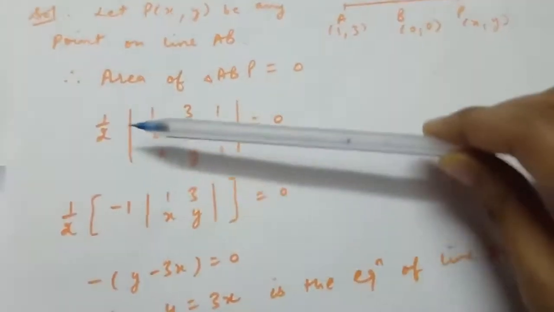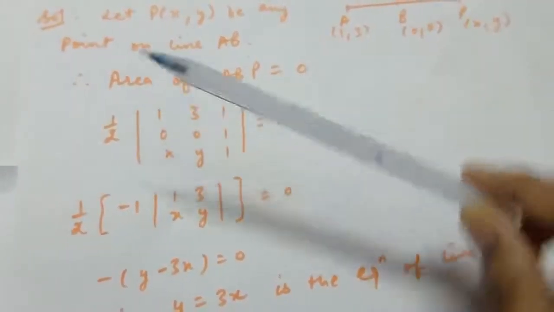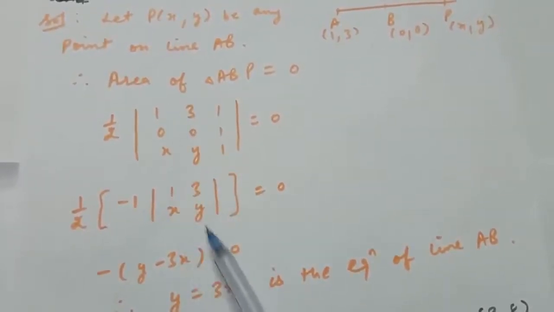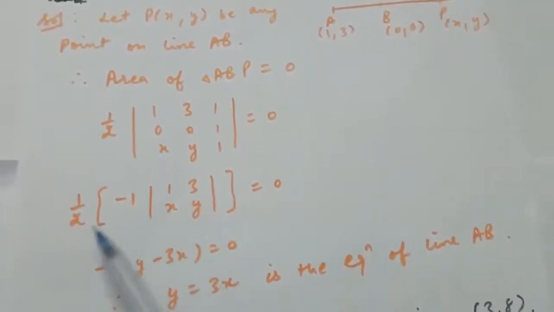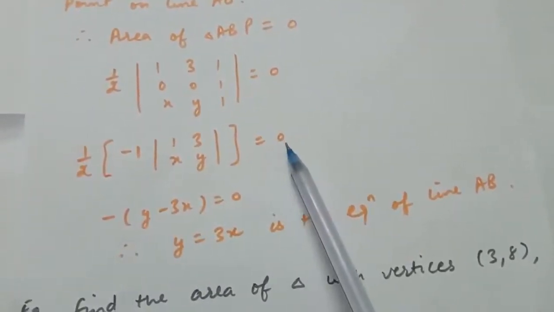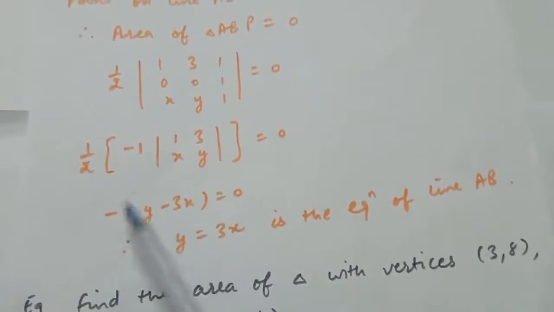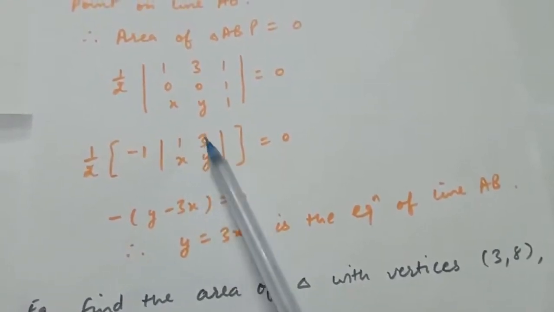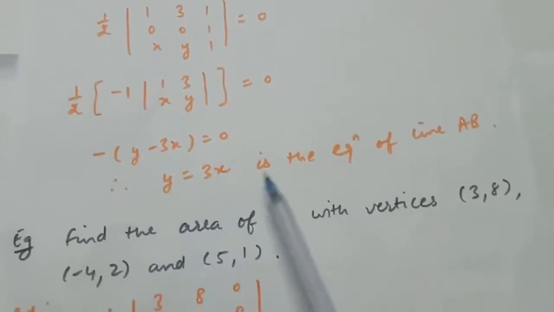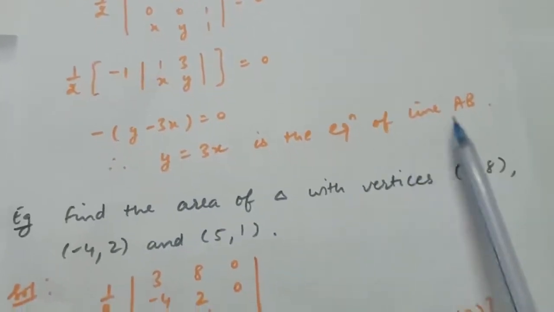Deleting this second row and third column, you will get the second order determinant 1 3, x y. Now when this 2 goes to the right hand side, this will become 0 only, and solving, you get y minus 3x. Therefore we can say y is equal to 3x is the equation of the line AB.